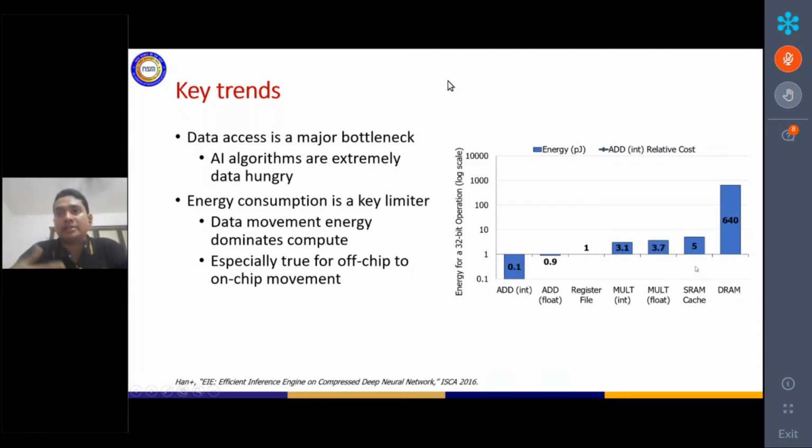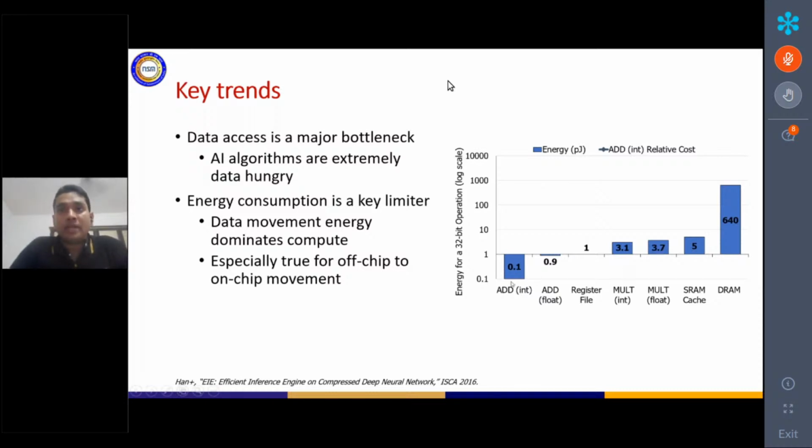So SRAM is static RAM, which technology is mostly employed in the caches. And for RAMs, your DRAMs, you can see DRAM access and SRAM access. The energy consumption is much higher, and if you go into DRAM, it is even several orders of magnitude higher than the computation itself.